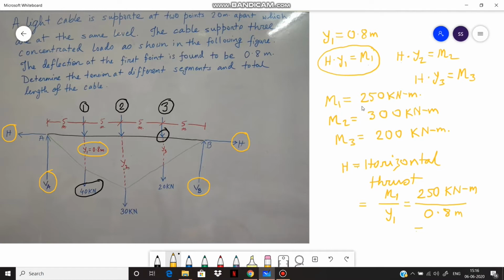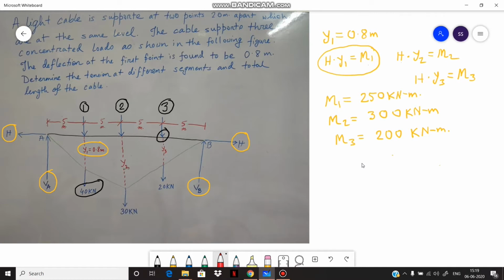We get horizontal thrust H equals to 312.5 kilonewton.